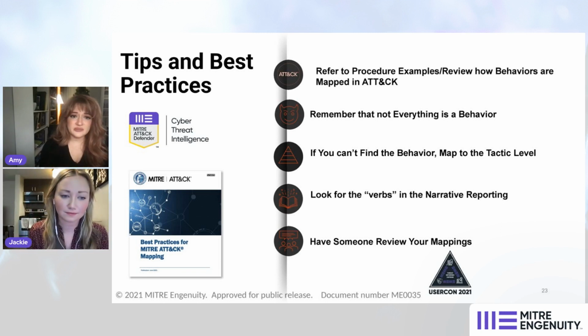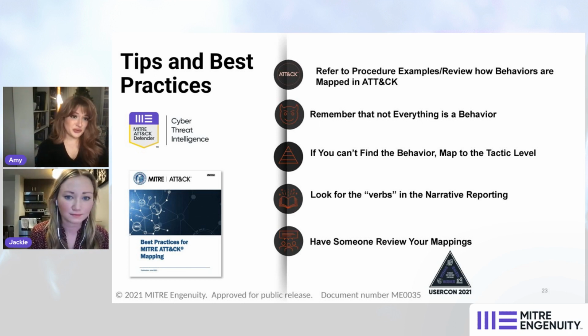And then have someone review your mappings. Having someone review your mappings is a really crucial part of the process. We all have these unconscious biases, and these can impact how we analyze and map behaviors. By comparing results to other analysts, we can start to recognize and circumvent those biases, and also get additional valuable perspectives that can help inform more accurate mappings.